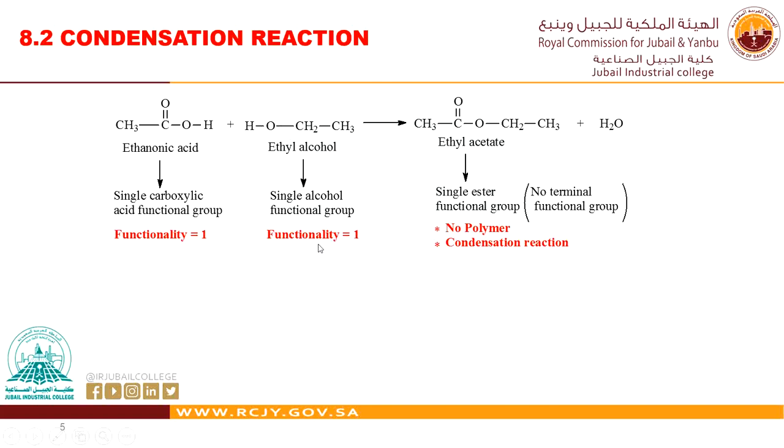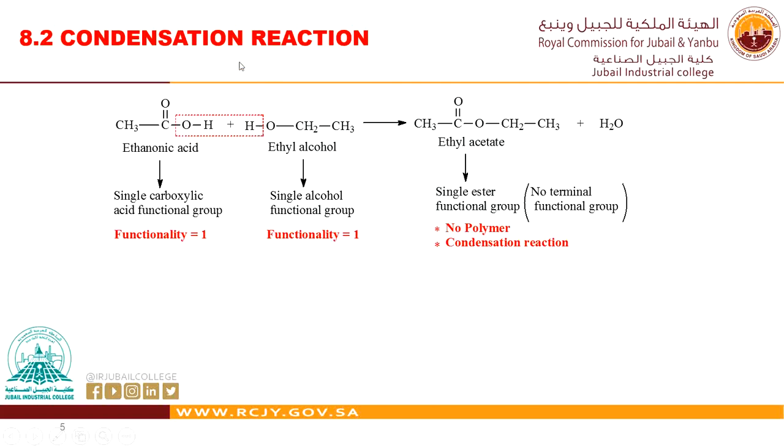So it means that if you combine a molecule with functionality equal to 1 with another molecule with functionality equal to 1, there is going to be a reaction, but that reaction will not produce a polymer. What happens is the OH from the acid and the hydrogen from the alcohol will be eliminated to form what?